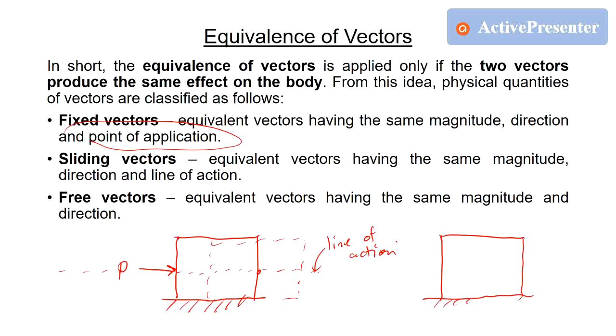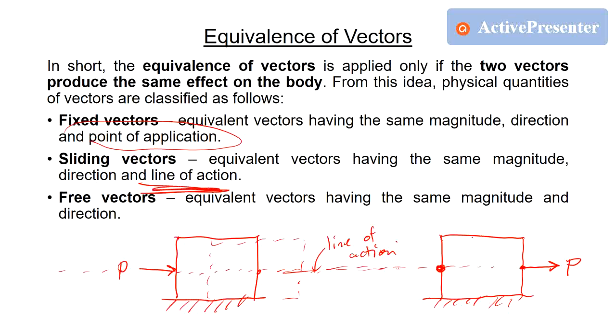say we attach a cable on the side of the box and pull the box going to the right. As you can see, we have the same line of action. We transferred it from this point to this point without changing the line of action.